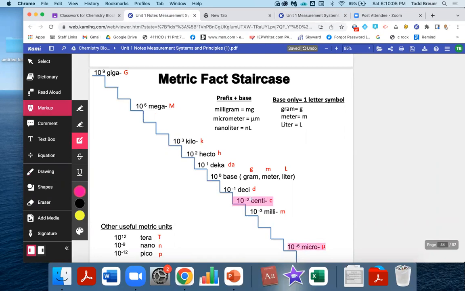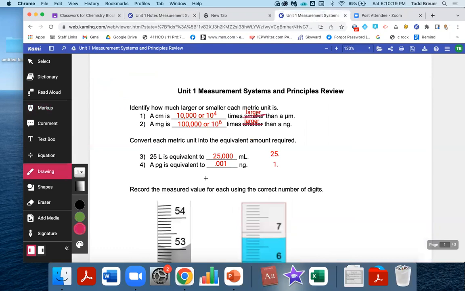So centi being above micro is a larger kind of unit, and we can count 1, 2, 3, 4 positions away, which means a factor of 10 to the 4th, which is why you'll see on the answer key here, 10 to the 4th power, which could also be written as 1 followed by 4 zeros.